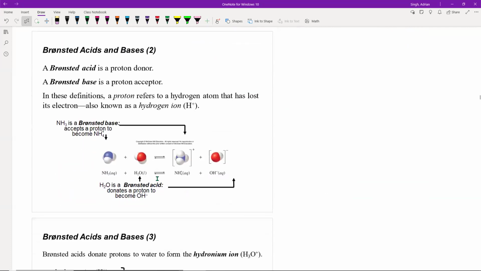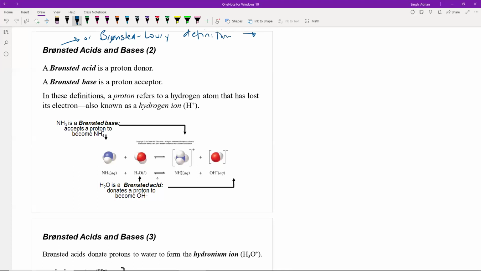The second definition that we'll see, which tends to be a little bit more broad, is called the Bronsted-Lowry, or simply the Bronsted definition. The full name here is the Bronsted-Lowry definition.